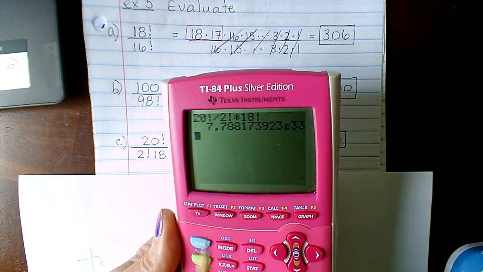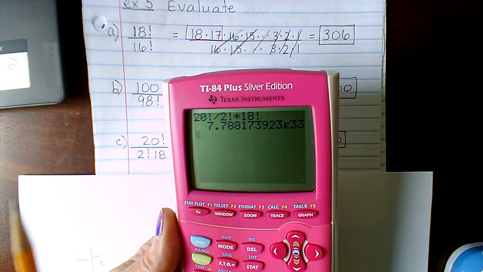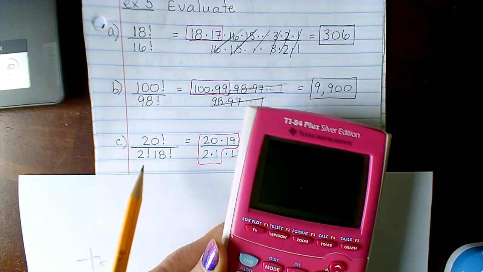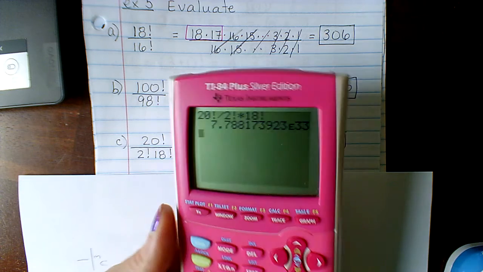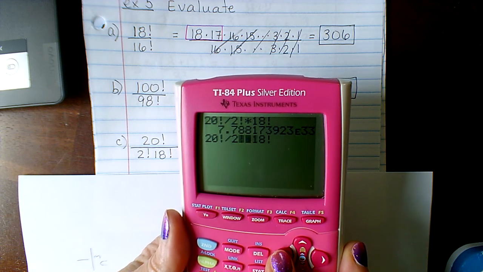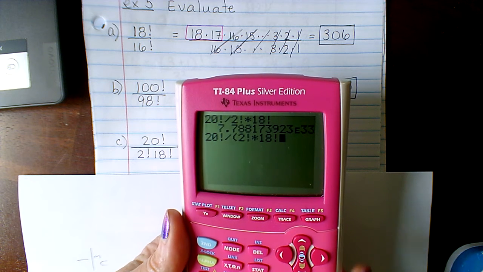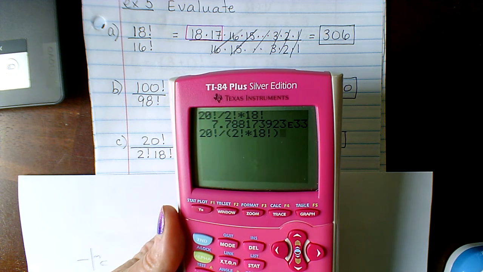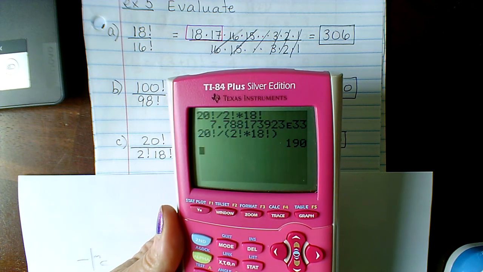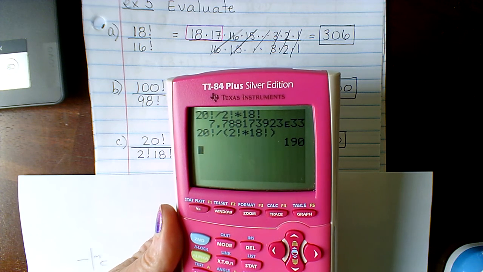That's because the calculator is going to go left to right on those order of operations. So it's dividing by 2 factorial and then multiplying, so it's bringing that 18 factorial up. So what you can do is put parentheses around that entire denominator. That tells the calculator, hey, all of this is my denominator.